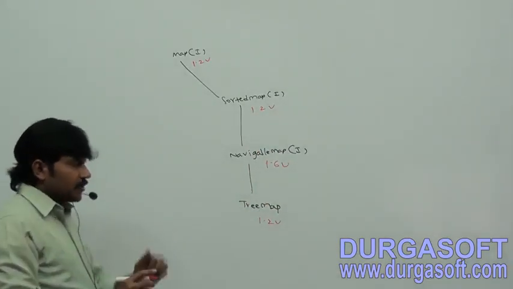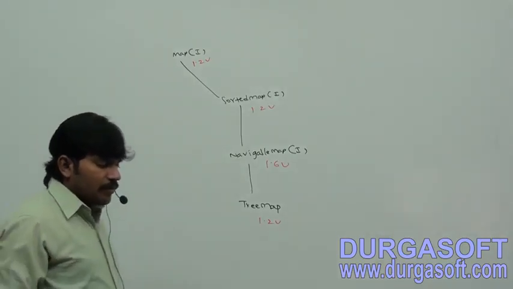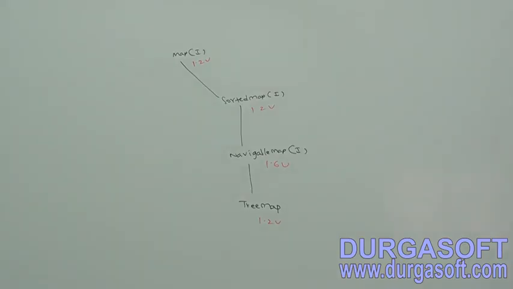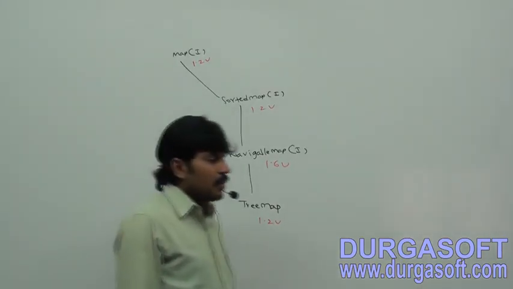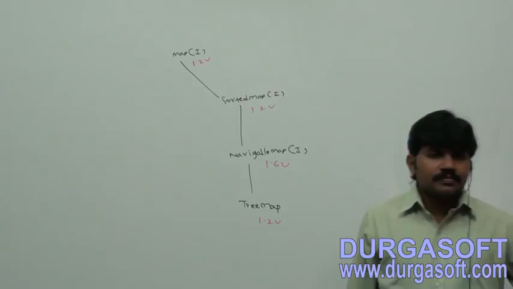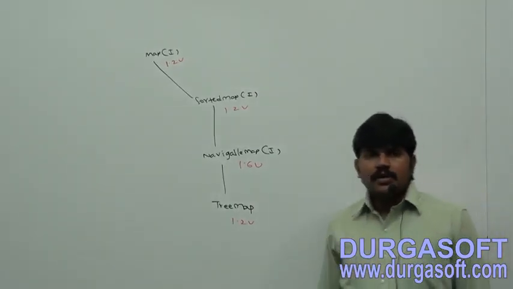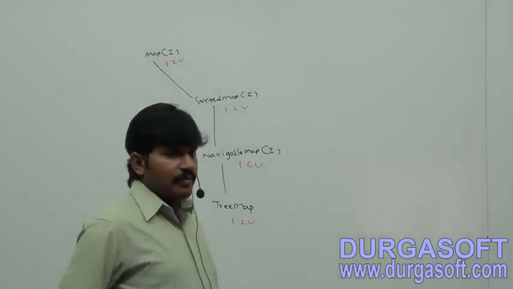Now, add the theory first. Navigable map is the child interface of sorted map.